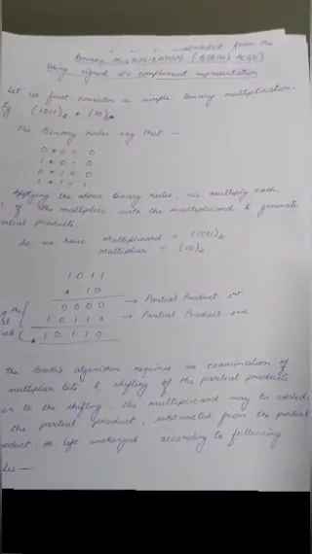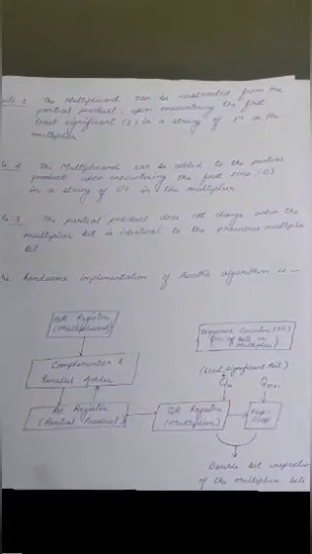So basically my Booth algorithm will work like this: I need to examine 2 multiplier bits simultaneously, and based on those multiplier bits I need to decide whether to add the multiplicand to the partial product, subtract the multiplicand from the partial product, or make no change, where simply a shift operation is required. So these are my 3 conditions which I need to monitor.